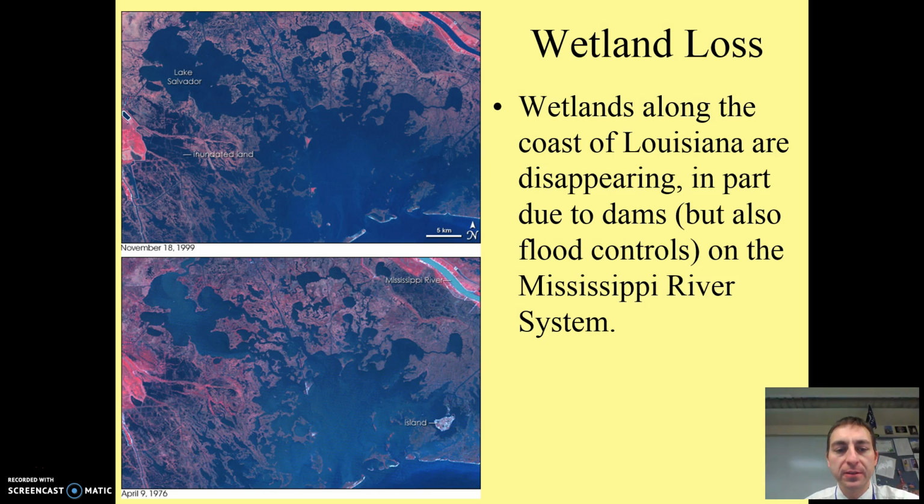So here is an aerial photograph looking at coastal Louisiana. The bottom photograph is April 9th, 1976. The upper picture is November 18th, 1999.